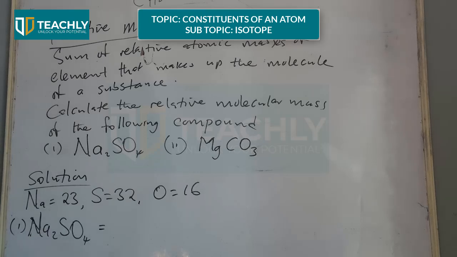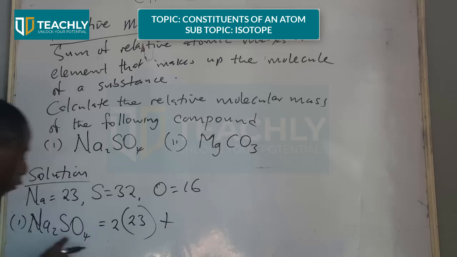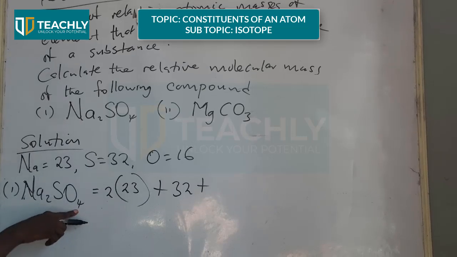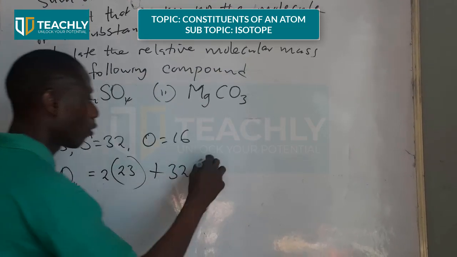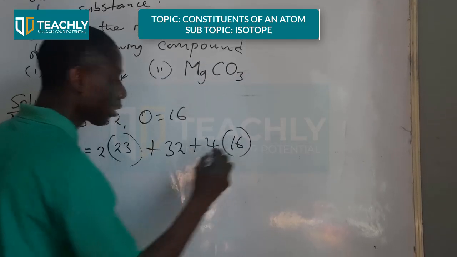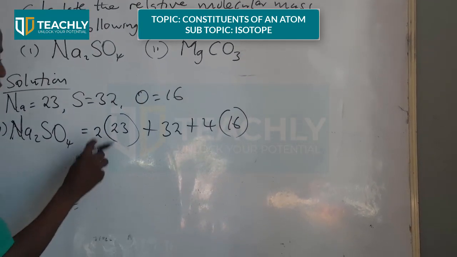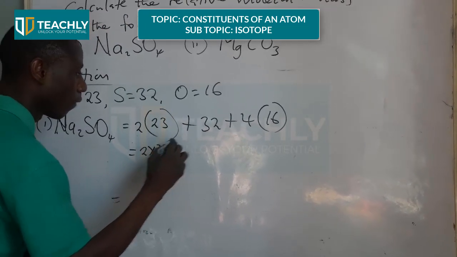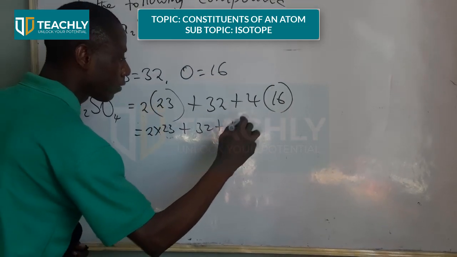So let's add. Here we are going to have 2 times 23, because I have 2 atoms of sodium, plus for sulfur you have only 1, that is 32, plus here you have 4 atoms of oxygen, so it's going to be 4 times 16. That is 2 times 23 plus 32 plus 4 times 16.